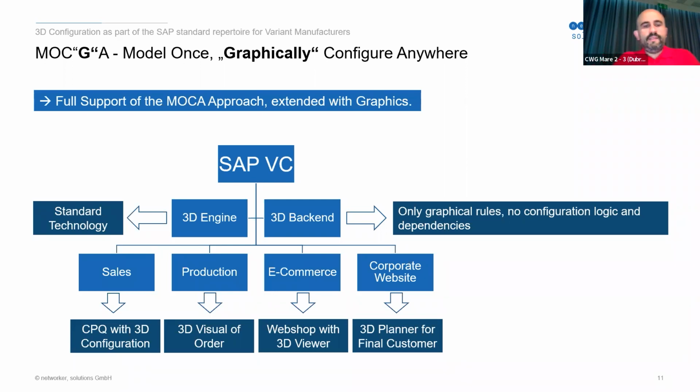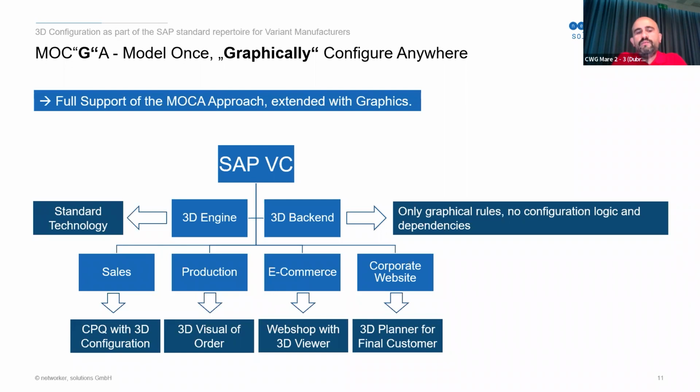And there are always, as in the examples before, the consumers, like the sales, and there, for example, with the possibility in SAP CPQ to visualize the configured product and also to export and integrate this 3D output into your quotes and give it to the customer and so on. On the production side, what can be an example?